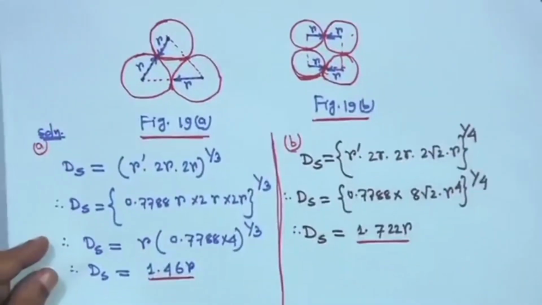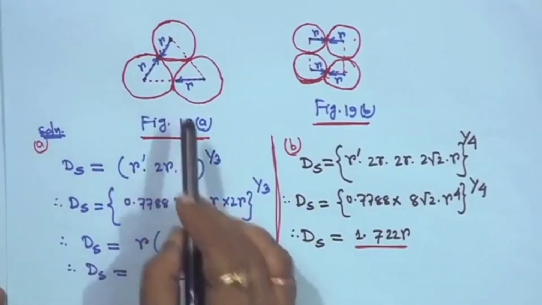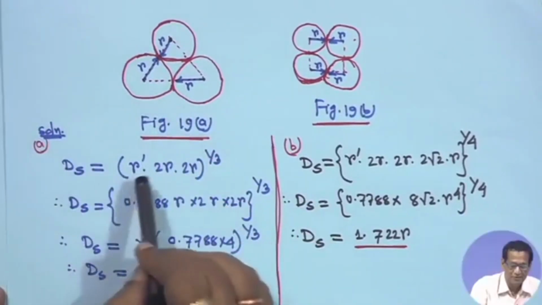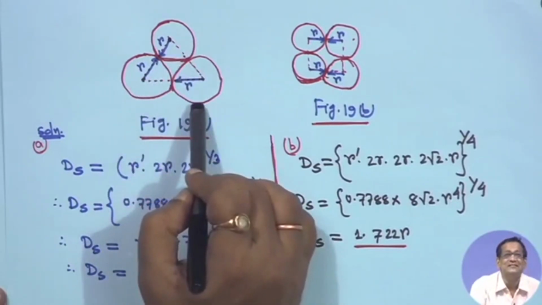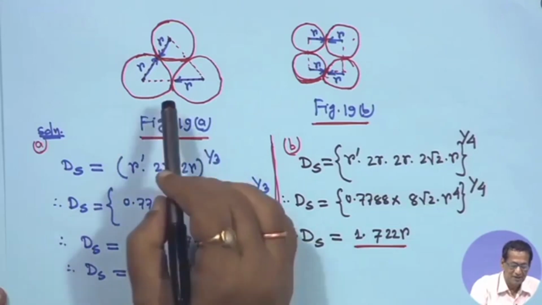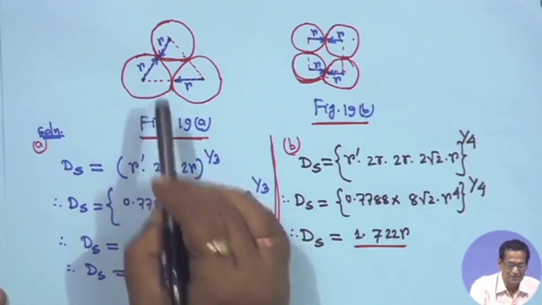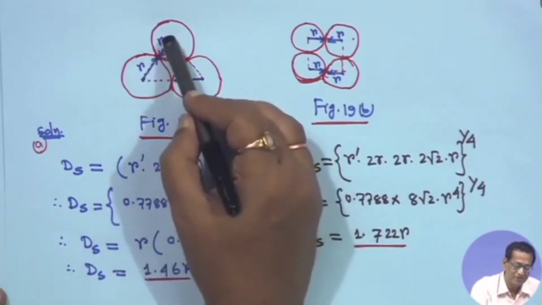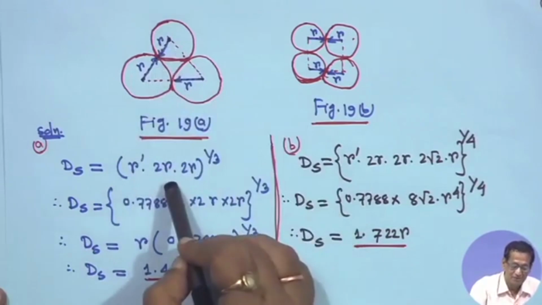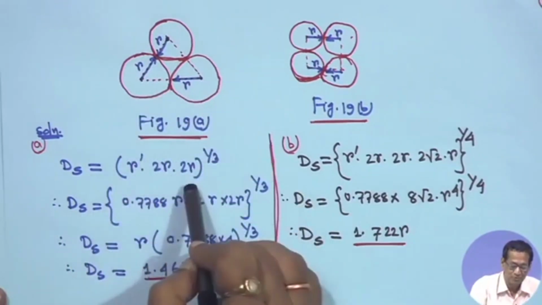Then for this one, it is very simple. For this one, Ds is equal to, consider all the conductors having the same radius, right. Therefore, consider for example this conductor. So, Ds will be r dash into the distance from here to here, which is 2r, and the distance from here to here is again 2r.